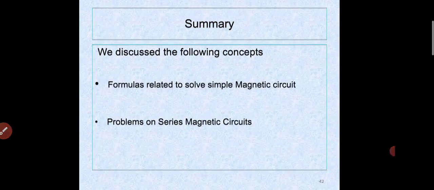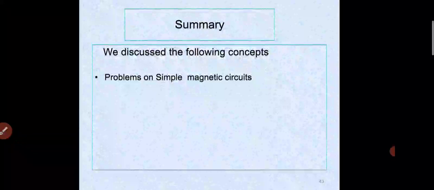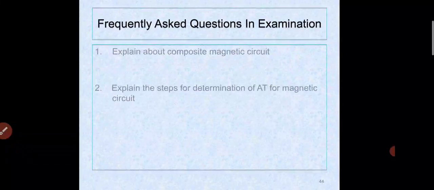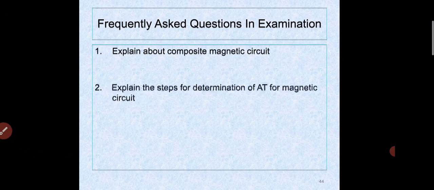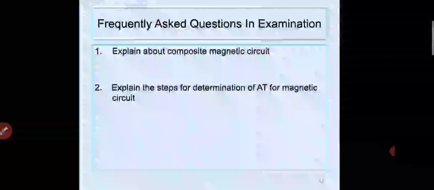So, summary. We discussed the following concepts: formulas to solve simple magnetic circuits, problems on series magnetic circuits, and problems on simple magnetic circuits. Next, frequently asked questions in examination.